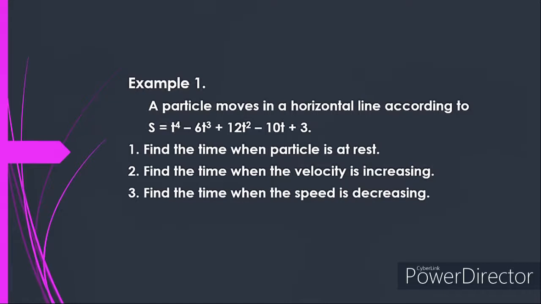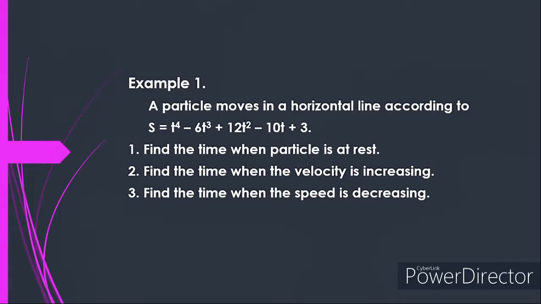Example number 1, a particle moves in a horizontal line according to S is equals to t raised to 4 minus 6t cubed plus 12t squared minus 10t plus 3.